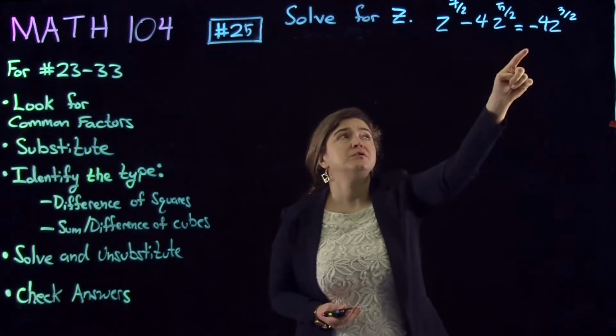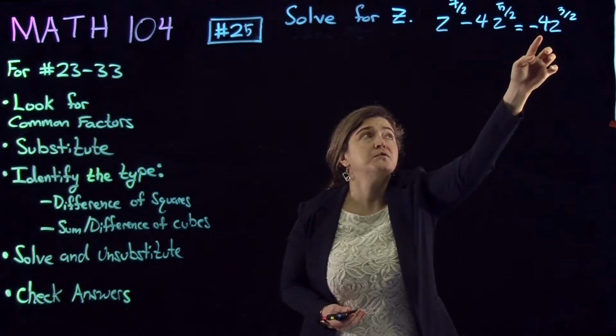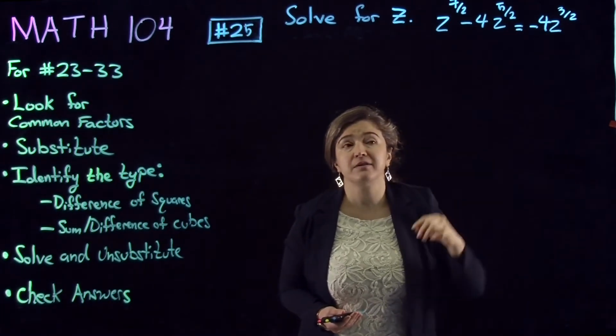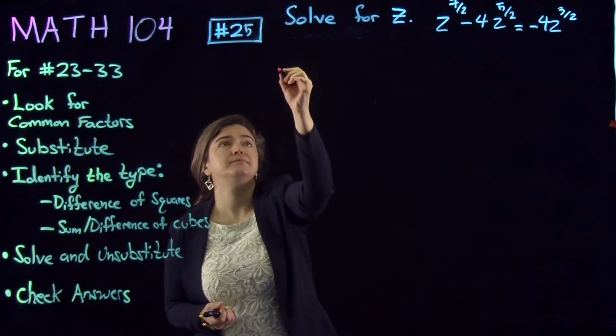So to be able to obtain that, we're going to add 4z to power 3 half to both sides of this equation. And we start from there.